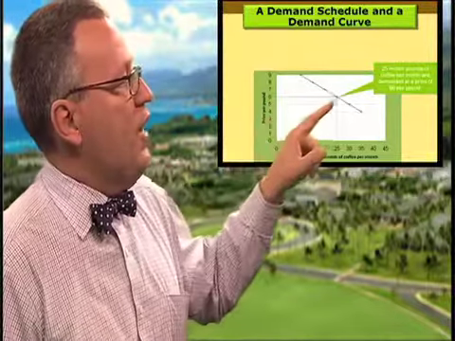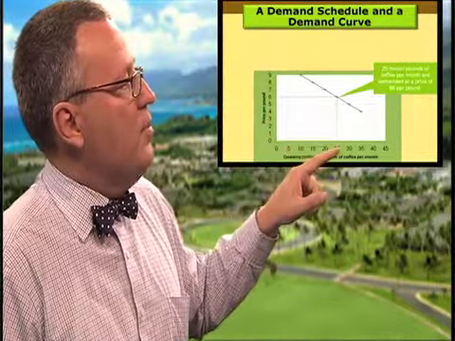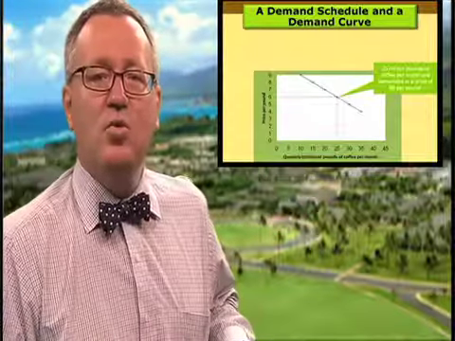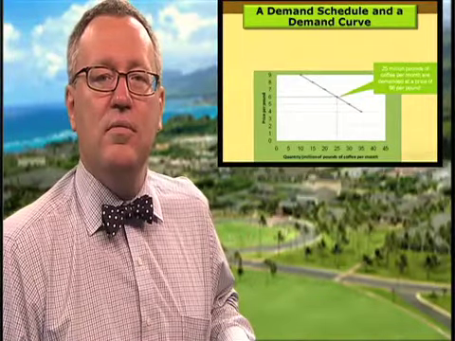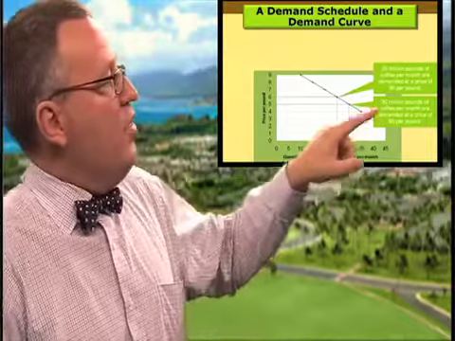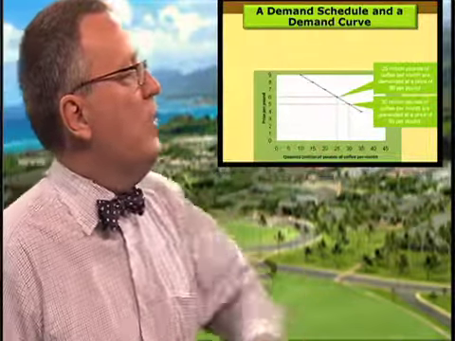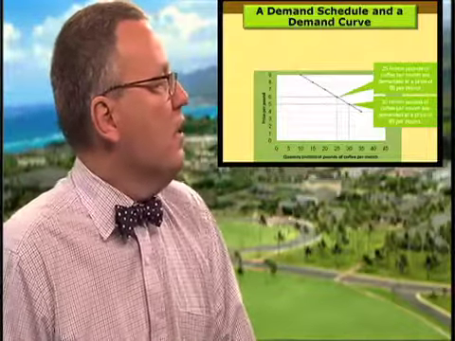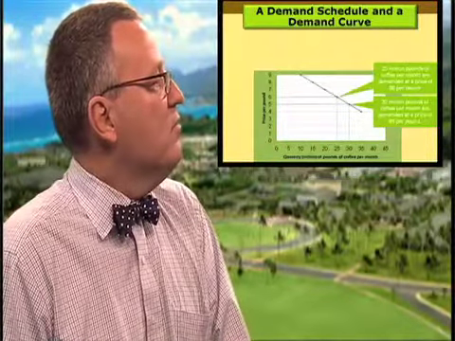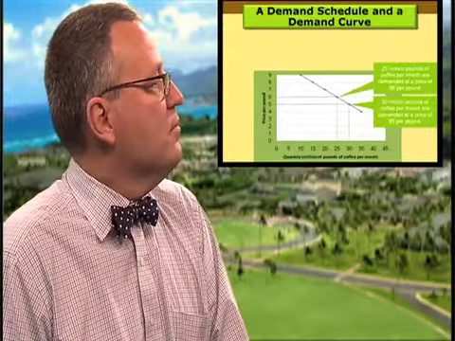Here's $56 a pound. You draw it over to your line. You drop it to the bottom, and that says 25 million pounds. 30 million pounds, which is here, will be demanded per month if we have a price of about $5 per pound.